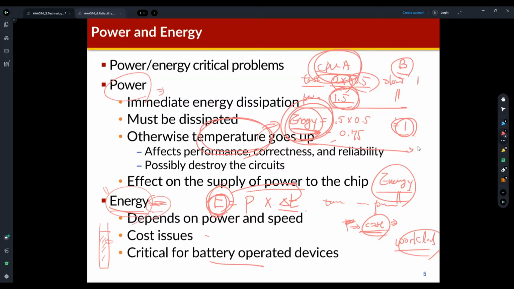Power is also very critical for processor design and chip design, because the power consumption decides the manufacturing cost, and also the running cost. But the running cost is also highly related to the energy.